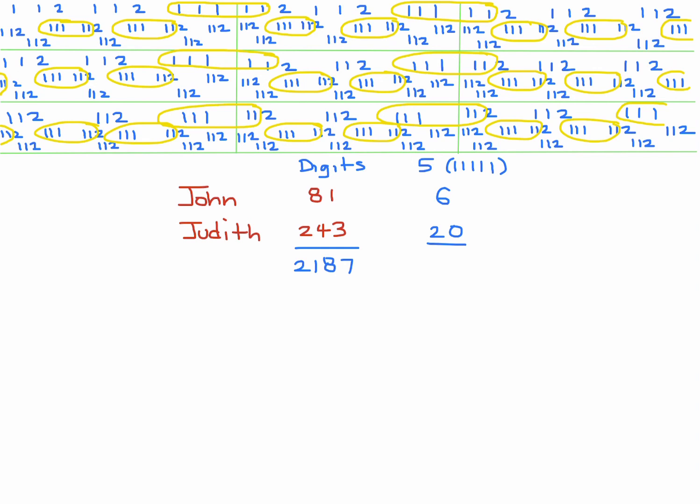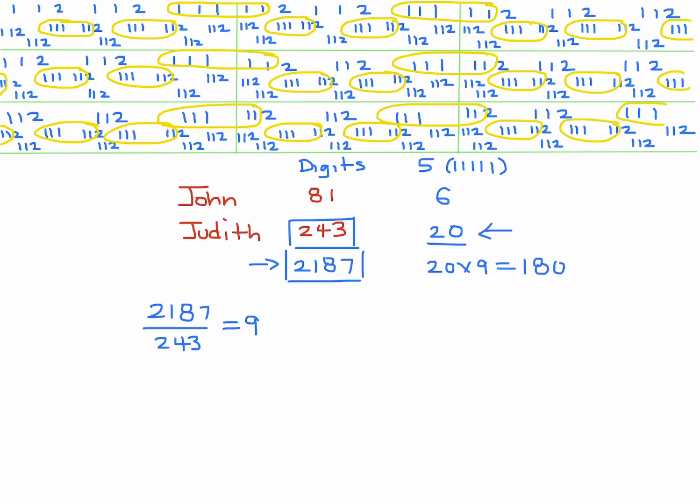Well, let's see. 2,187 divided by 243 is equal to 9. So for each 243-digit series, you'll get 11111 appearing 20 times. Since this is 9 times the length, it should be 20 times 9, which is 180. I hope you understood that.